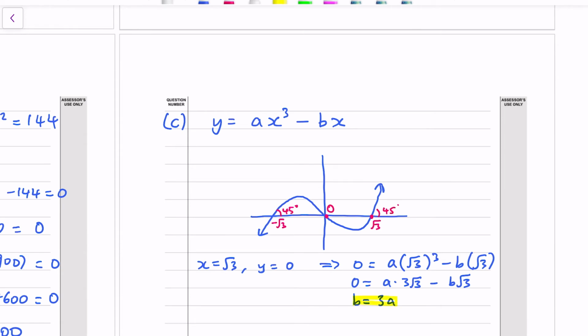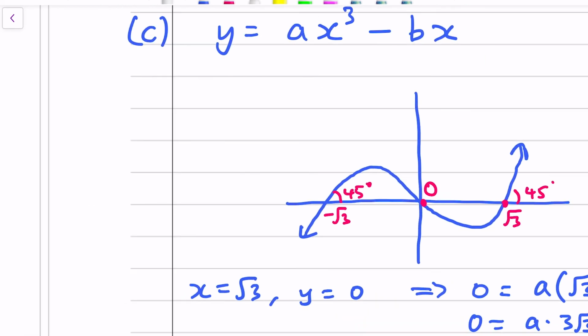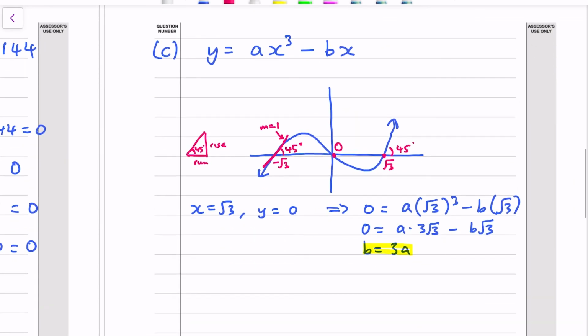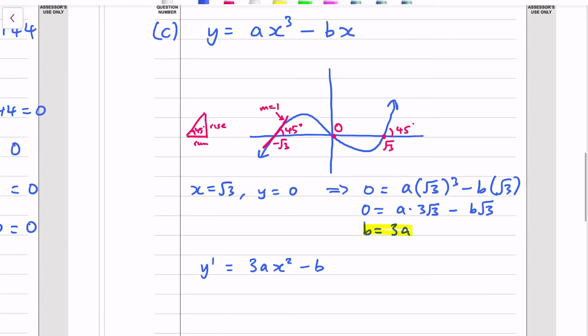And if I zoom in on the 45-degree thing, what that's telling us is that the slope at that point is equal to 1. The slope is rise over run, and for it to be 45 degrees, the tan of 45 is 1. Okay, so if I differentiate the equation, 3ax squared minus b, at x equals root 3 or negative root 3, the slope is equal to 1.